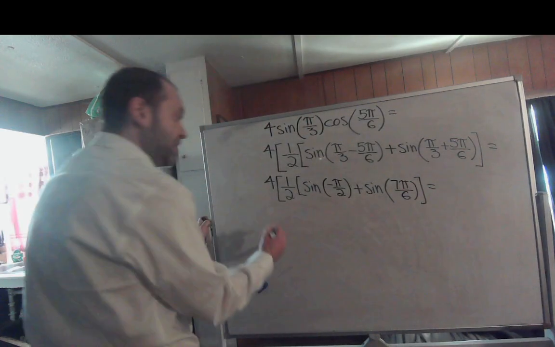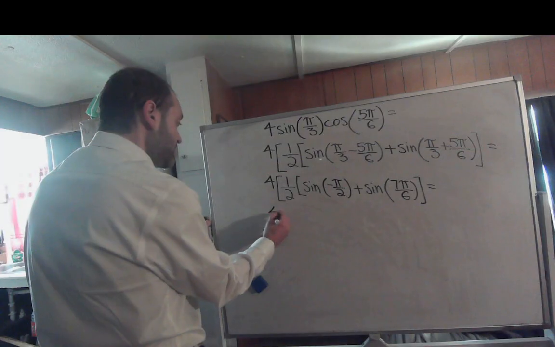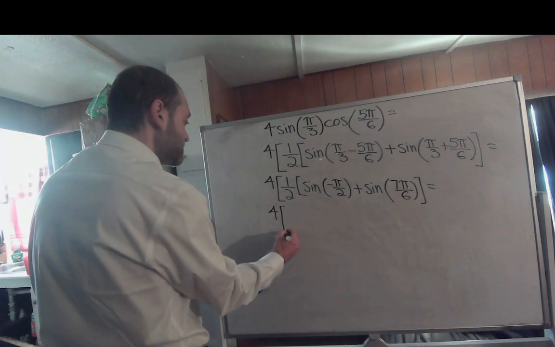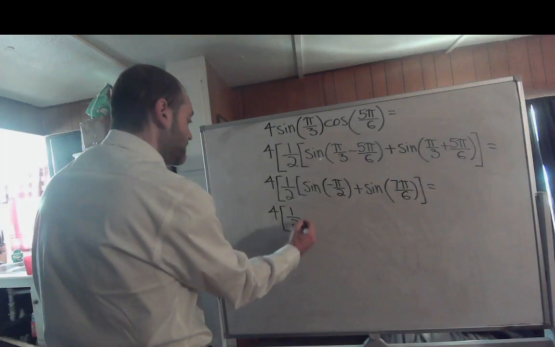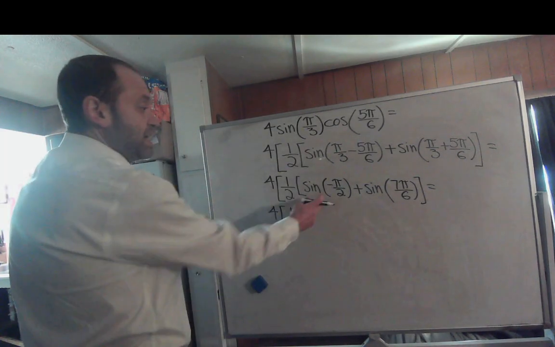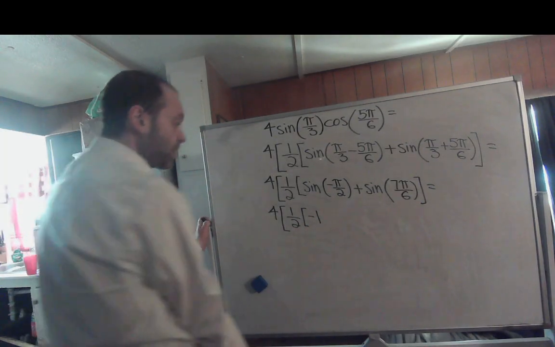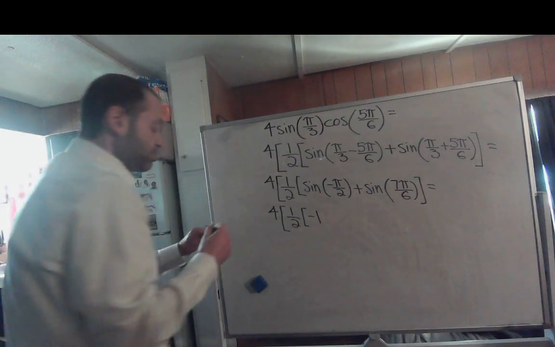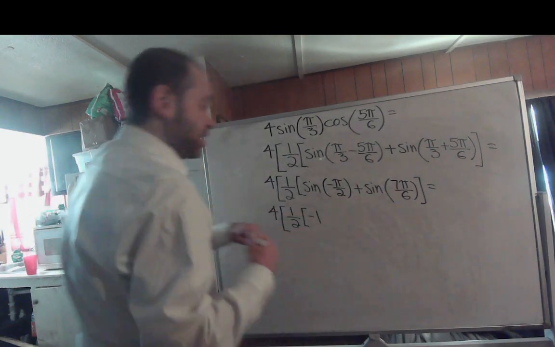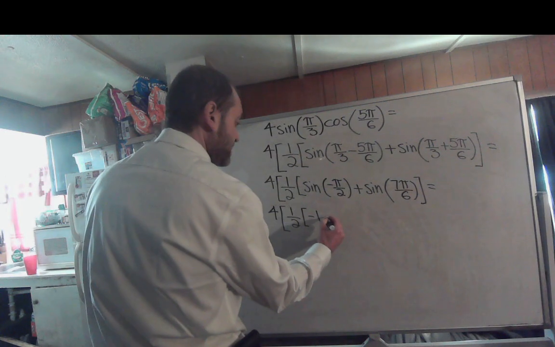So let's simplify this further. This would become 4 times the quantity of 1/2 of, what is the sine of negative pi over 2? That's negative 1 plus the sine of 7 pi over 6, so it's in the third quadrant. That would end up being actually negative 1/2.